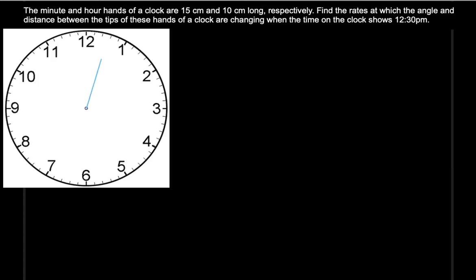Suppose this is 12:30 for the hour hand. And for the minute hand, we're going to draw another segment like this. And then to connect them, the tips of these two hands, we will make it like this.